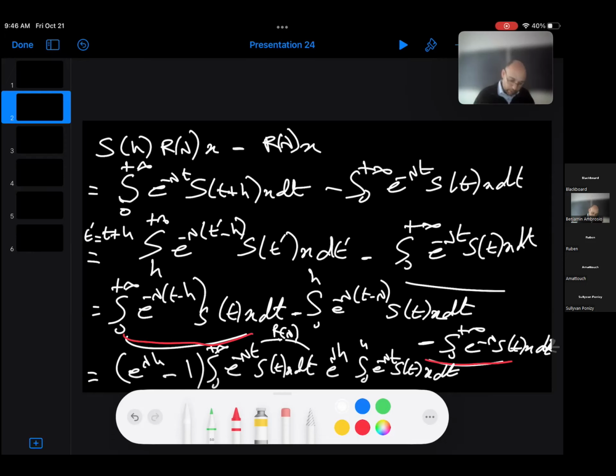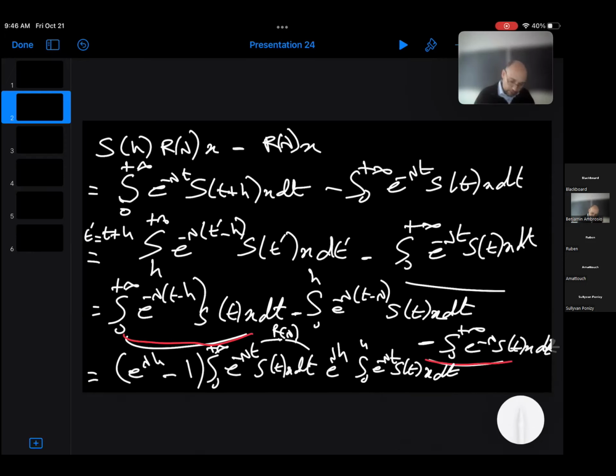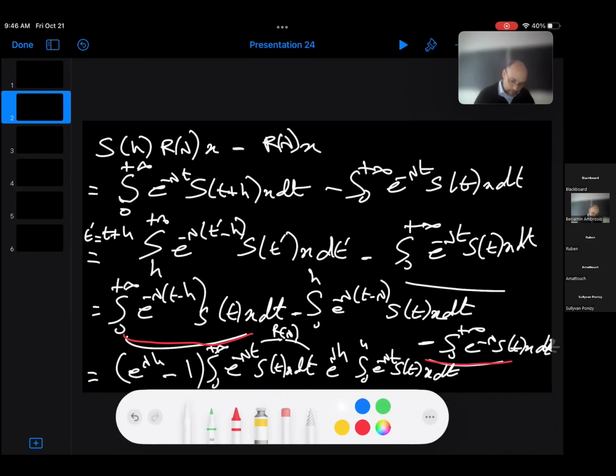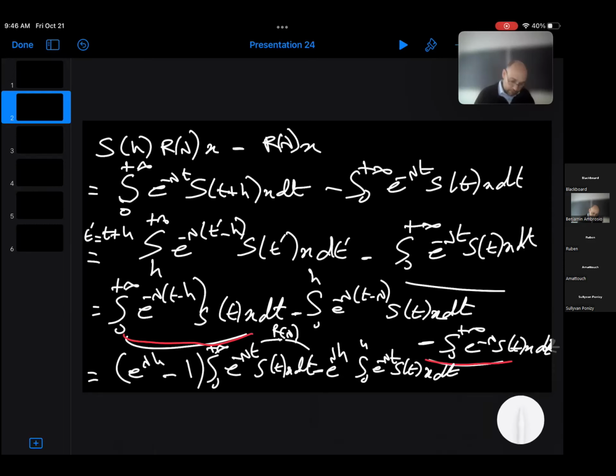Okay, and of course I forgot here, there's a minus here. So I need to divide that by h and make h converge to 0. What do I get?